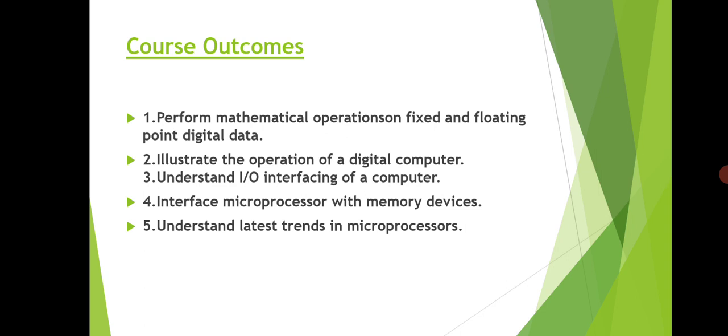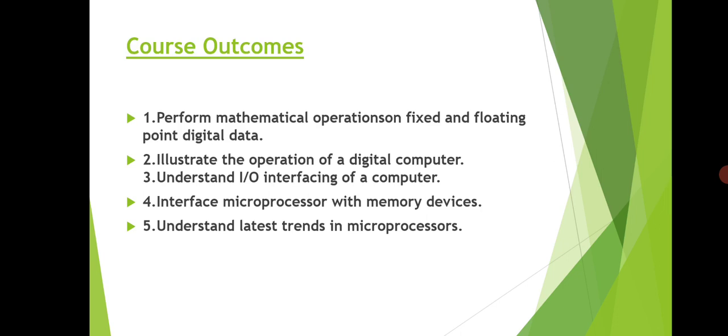As I have already told you, in the first unit we study fixed point and floating point representation, and how the basic mathematical operations, that is addition, subtraction, multiplication and division, are performed on digital data.